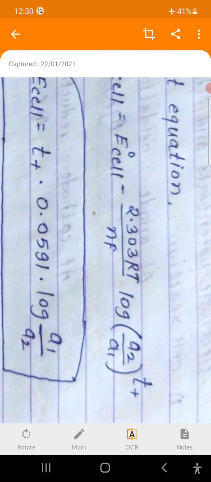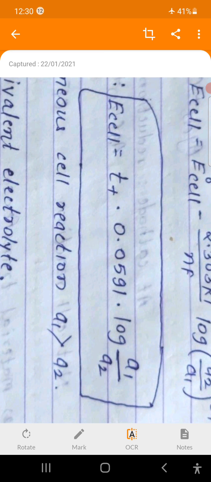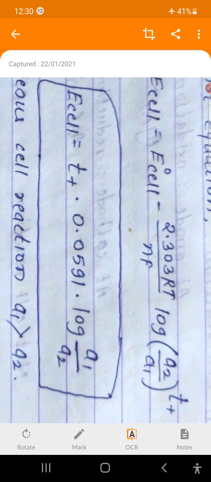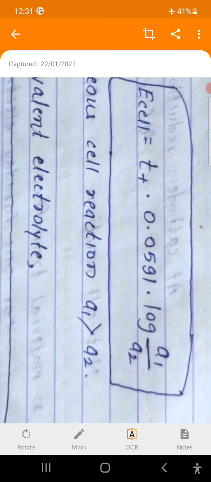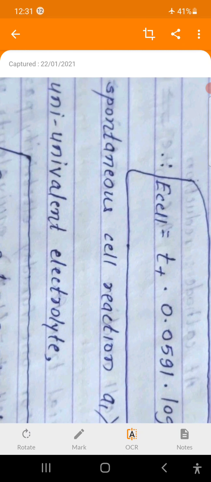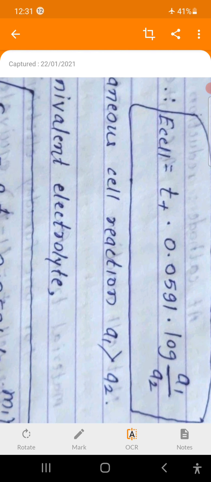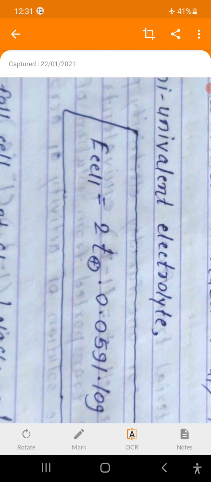By substituting that, we get E cell is equal to T plus into 0.0591 into log of A1 upon A2. For a spontaneous cell reaction, A1 must be greater than A2.